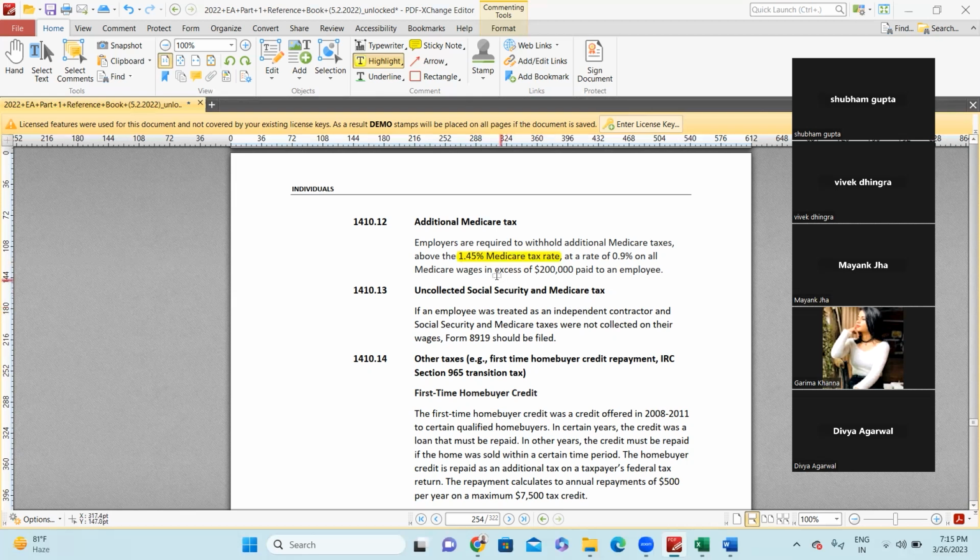But if your wages are more than $200,000, then you need to pay an additional 0.9%. So your total will be 0.9 plus 1.45, 2.35%, if your income is more than $200,000.